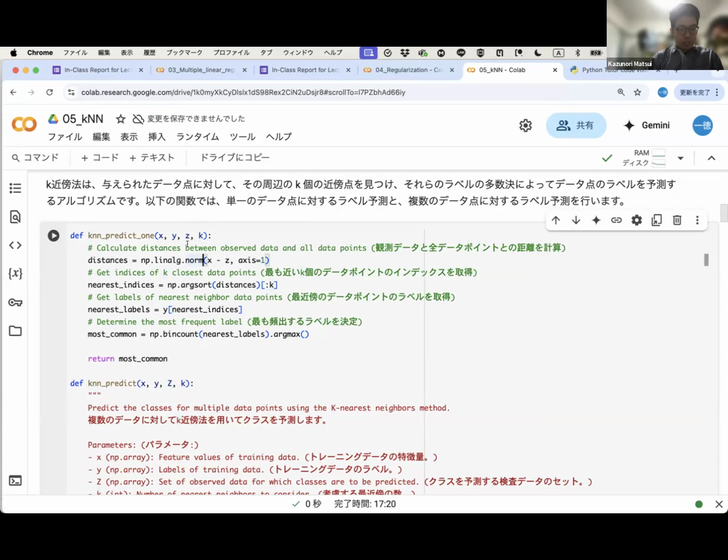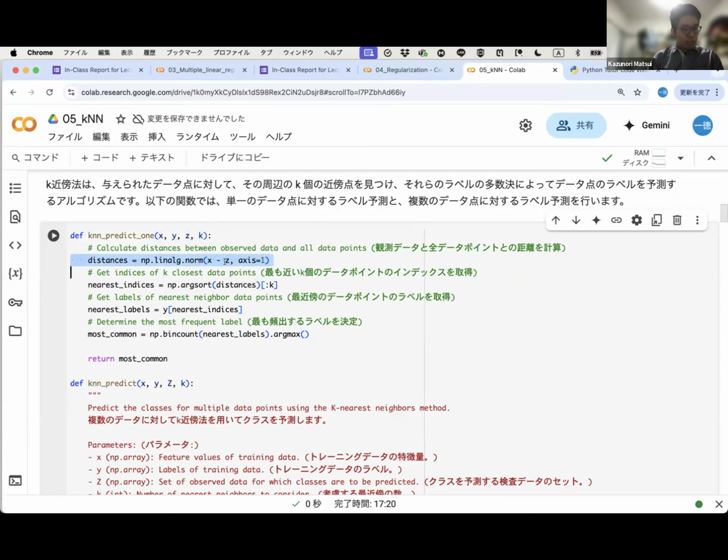First, we measure the distance by subtracting z from each data point, x minus z. We calculate the norm for each data point.